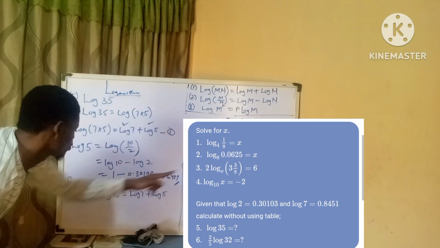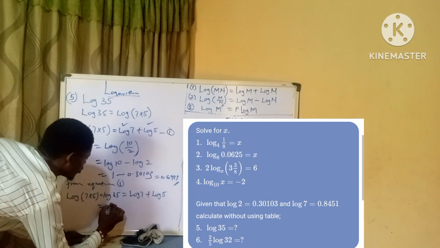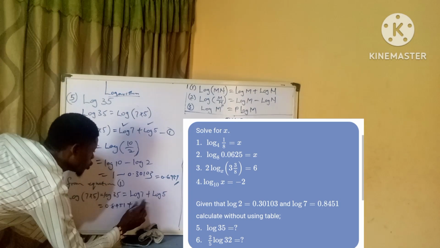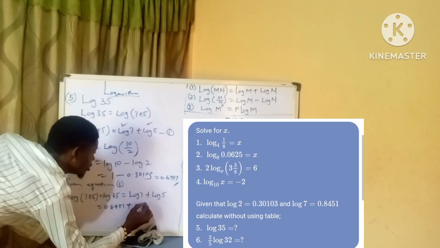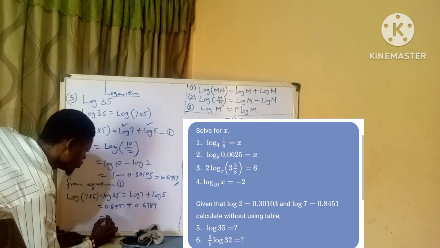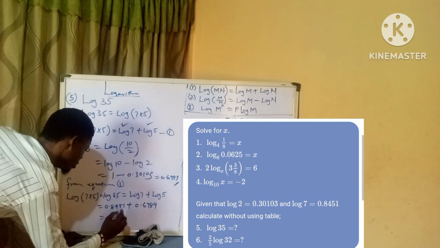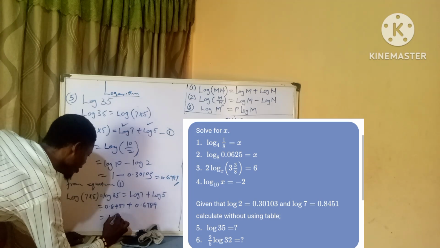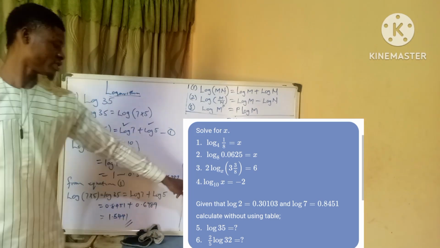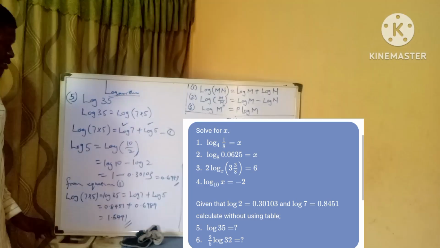And you know that log 7 is 0.8451, plus log 5, which is 0.6989. So add this together, this will give you 1.5441. That's the answer. Can you get it now?